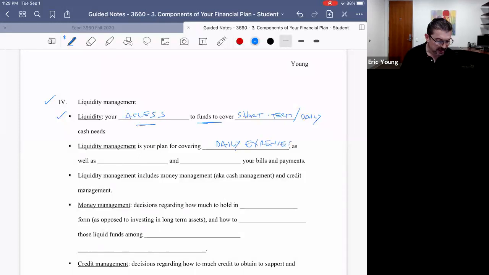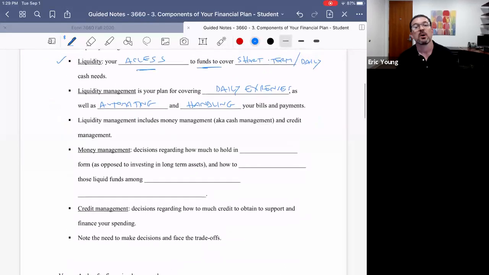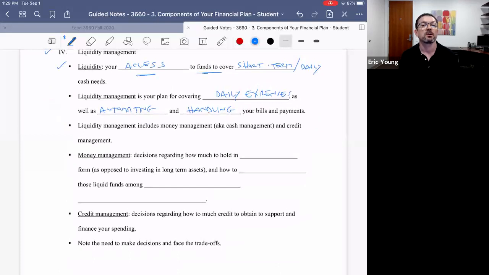But I would also say that liquidity management should also include a plan for automating and handling your bills and payments. So I also wrap in the smart use of automation and technology and having the right tools for the job into liquidity management.